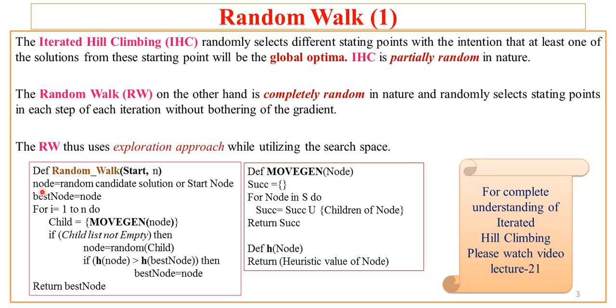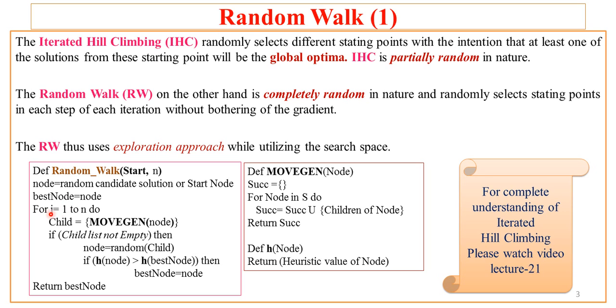So here the initial node is either taken from the list of candidate solutions or it can be a starting node. Now the node which we have selected as the initial node is the best node. So this algorithm basically starts with the assumption that the node selected as the initial point is the best node.